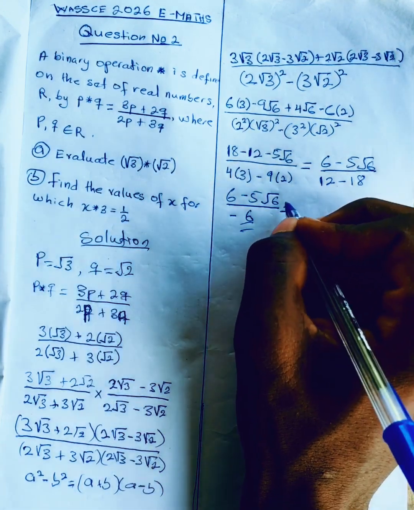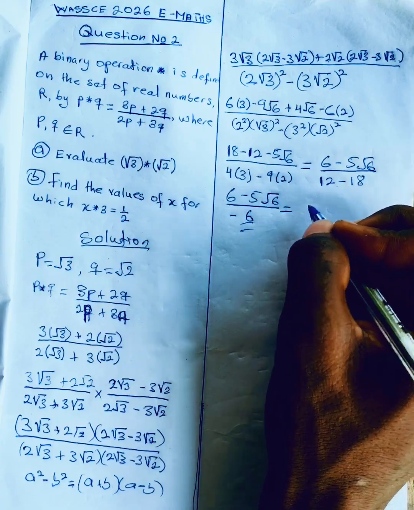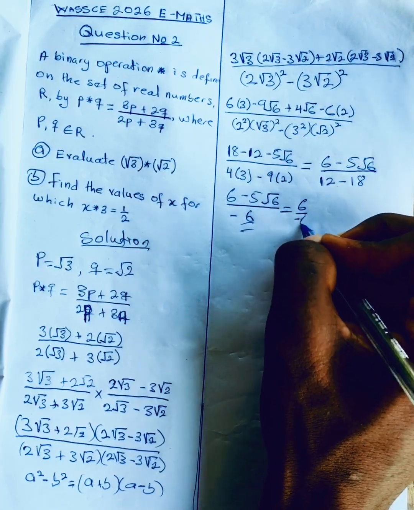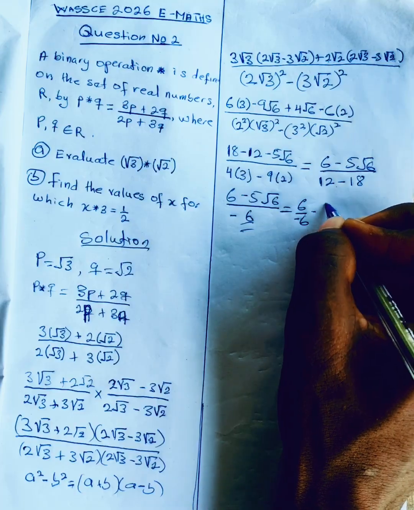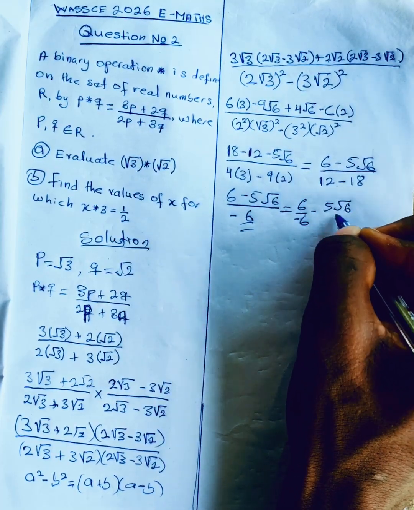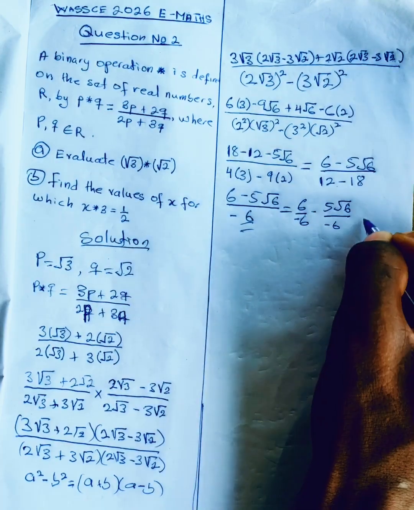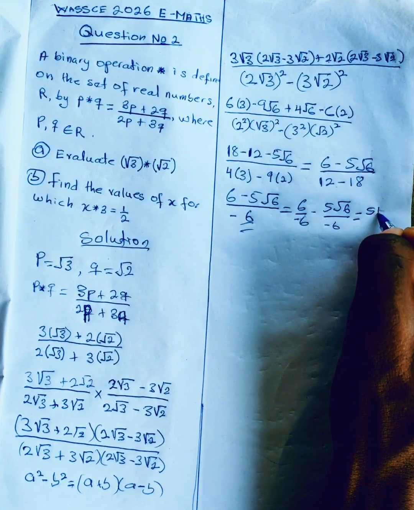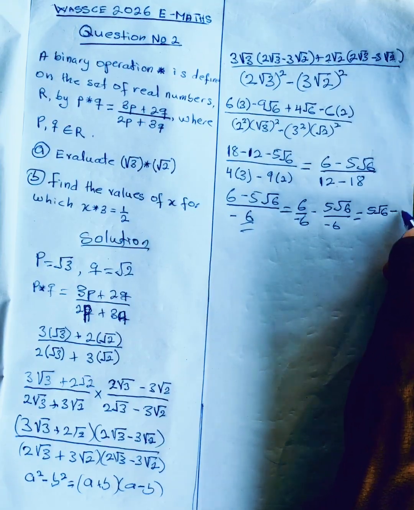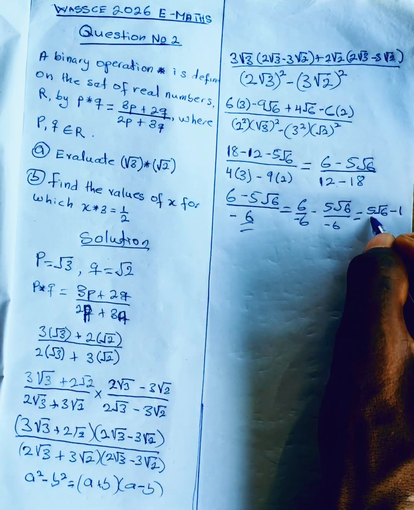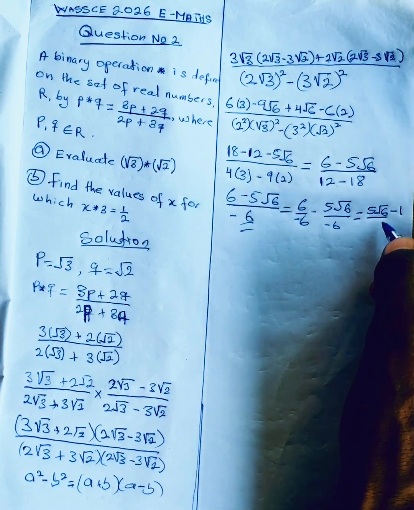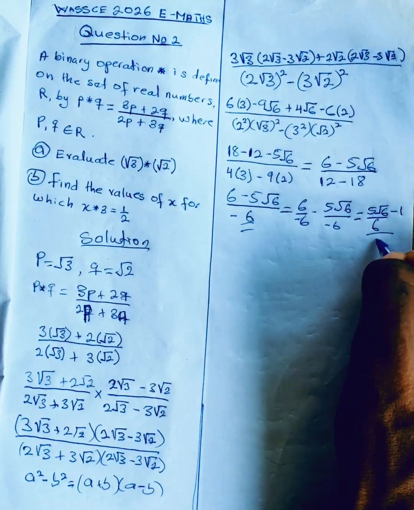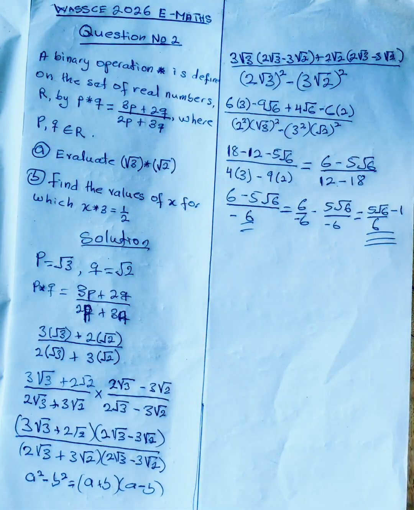So when 6 comes and divides 6, it will be in this form: 6 divided by negative 6 minus 5 root what? 6 divided by negative 6, and this will give you what? 5 root 6 minus 1 root 6 over what? Over 6 minus 1 as your final answer. So that is for A.